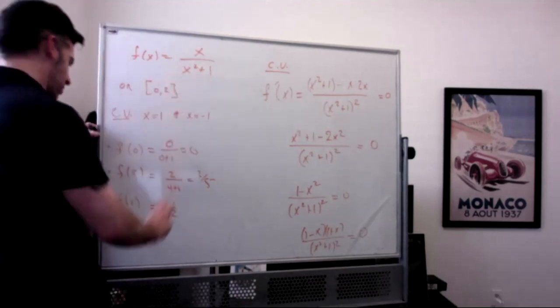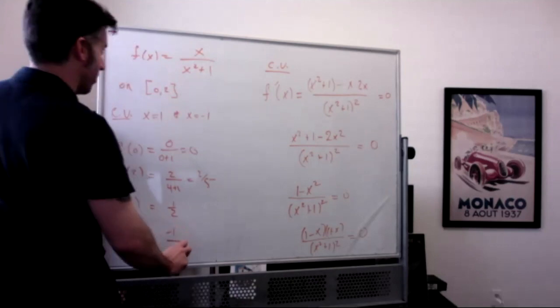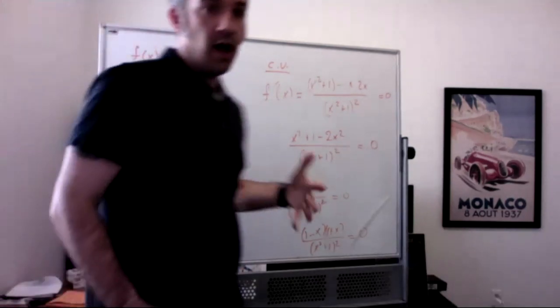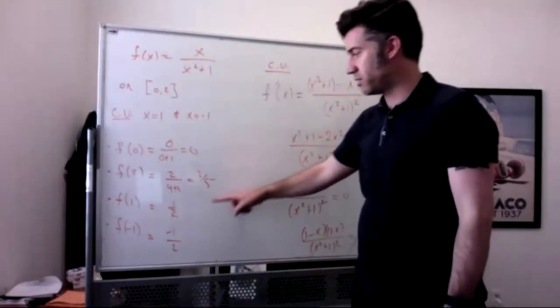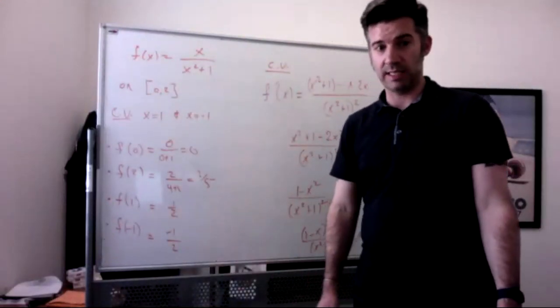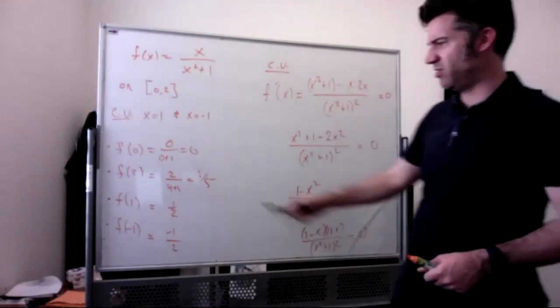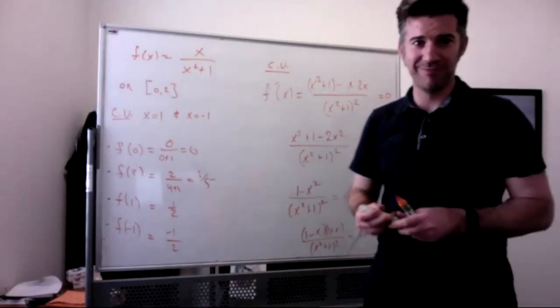And f of negative 1 is negative 2 over 1 plus 1, which is negative 1. Okay. Of these numbers, which one is the biggest? Which one is it?